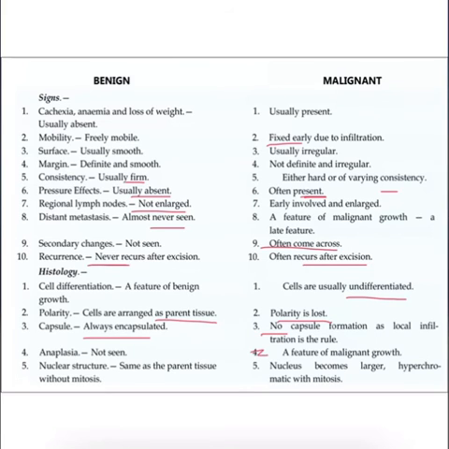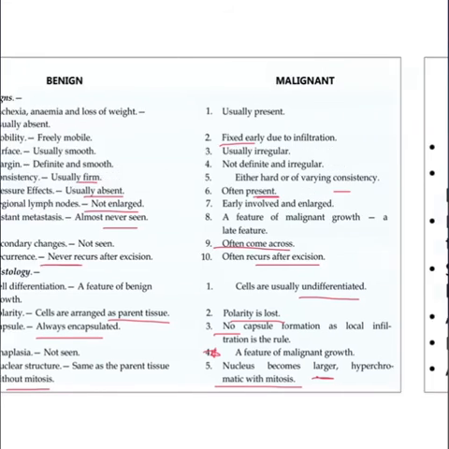Anaplasia is a feature of malignant growth. Nuclear structure is the same as the parent tissue without mitosis, and in the malignant the nucleus becomes large, hyperchromatic, with mitosis. They are the histological differences. So you need to go through it. They're easy. You need to remember. First, as a symptom, what's the difference in the symptoms of benign and malignant, what's the difference in the signs of malignant and benign. On investigation, what's the difference in the histological investigation of benign and malignant tumor.